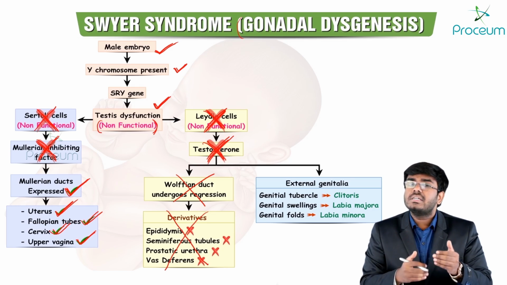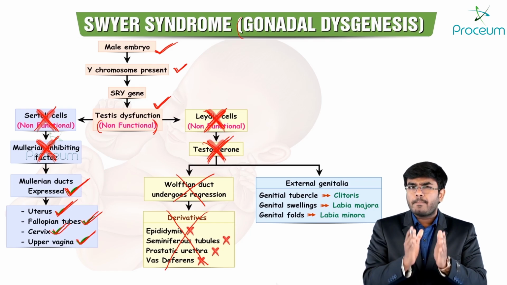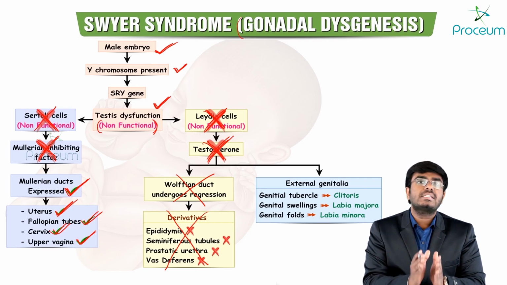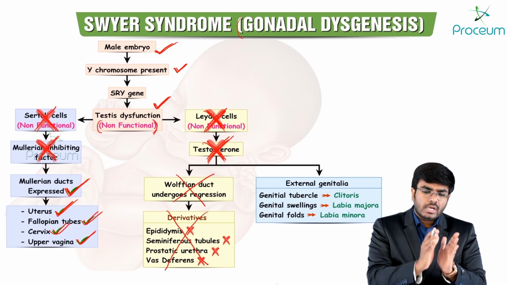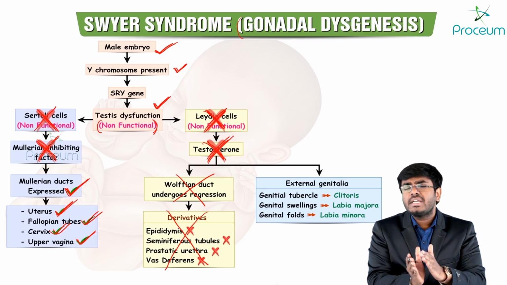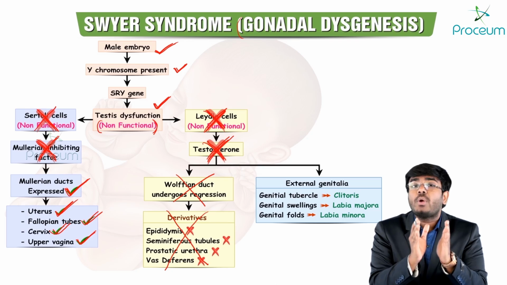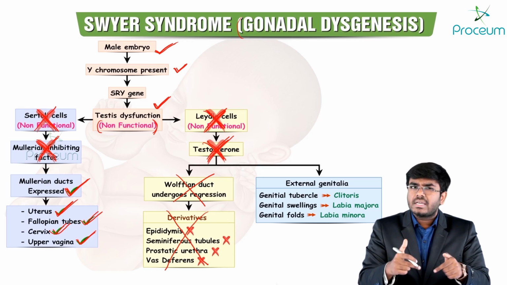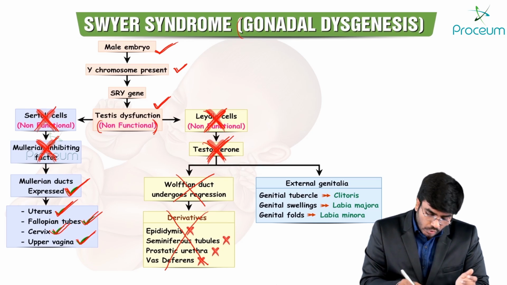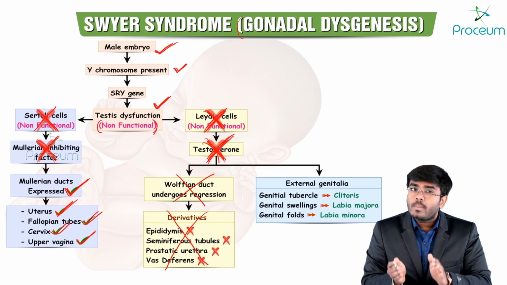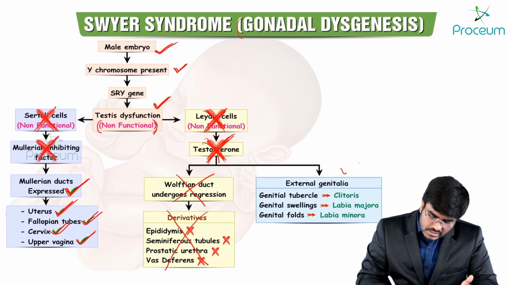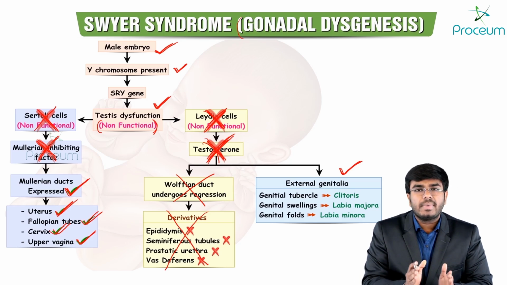What about the external genitalia? We all know that basic human genitalia is female-like. For the conversion of female genitalia into male genitalia, you need to have testosterone. Now, in this condition, is testosterone there? No, testosterone is not there. So, automatically, by default, the external genitalia will become female.